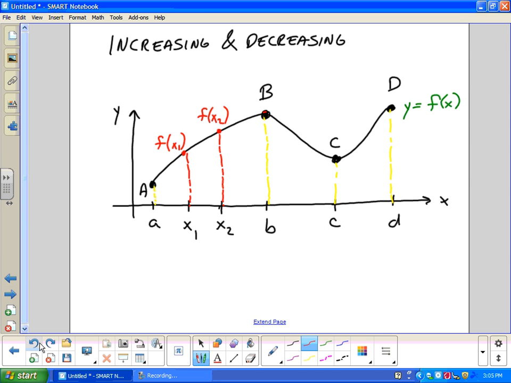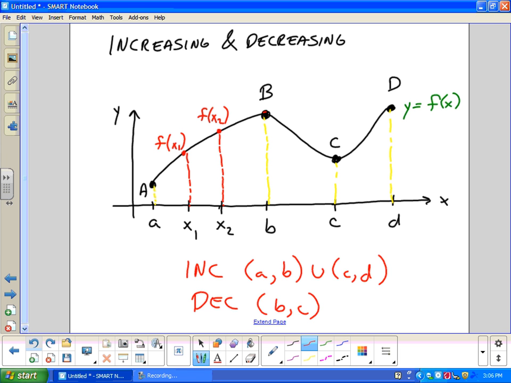So that is a decreasing function. And then we go from C back up to D. And it's increasing again. So I could say this function increases from A to B, not including those points, and from C to D. So where is it decreasing? Obviously from B to C.